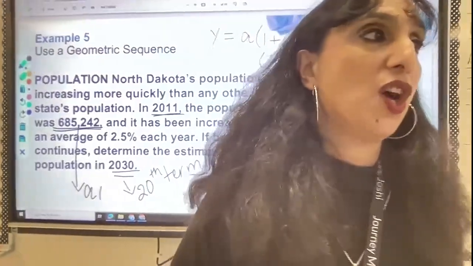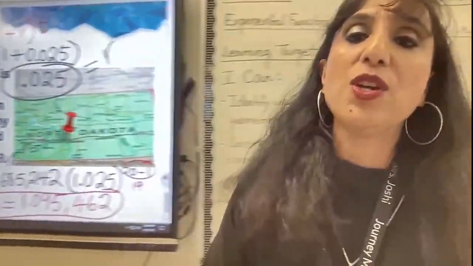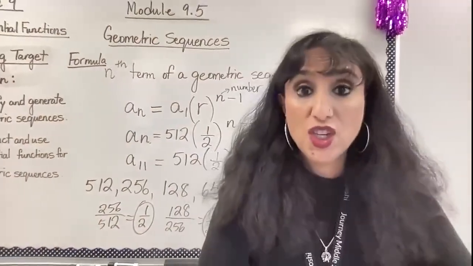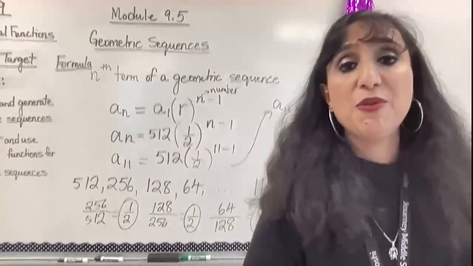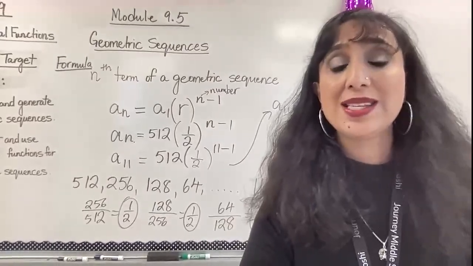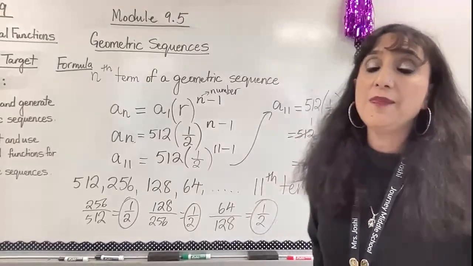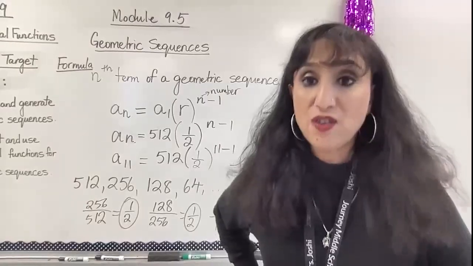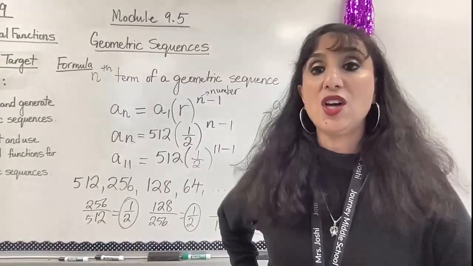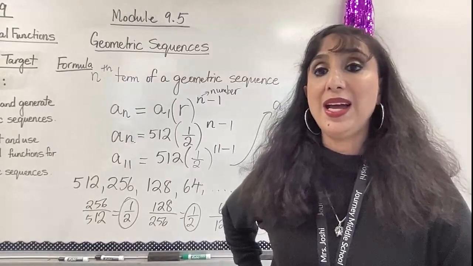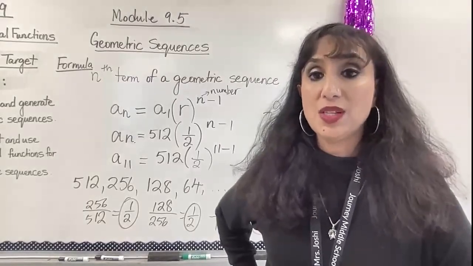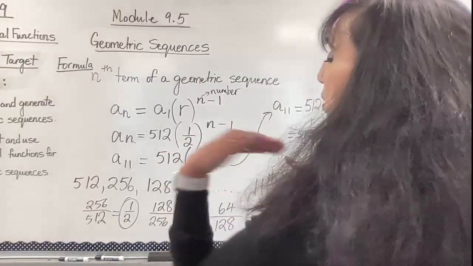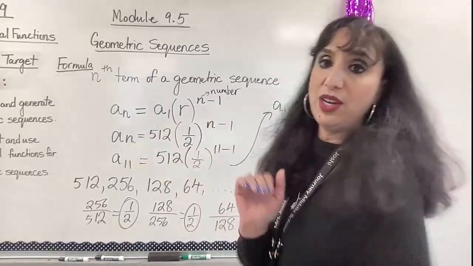All right, so anyways, that is what geometric sequence is all about. Just use the formula that I provided you for geometric sequence to find the nth term. You're finding the first term times the common ratio, which is always achieved by taking the two numbers which are next to each other and dividing the number in the front with the one behind to get that common ratio.